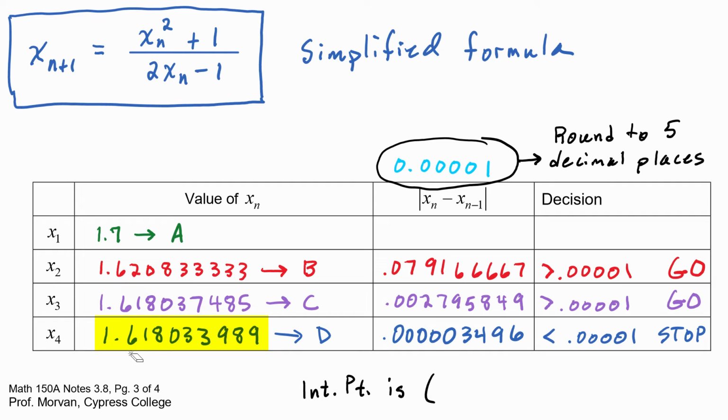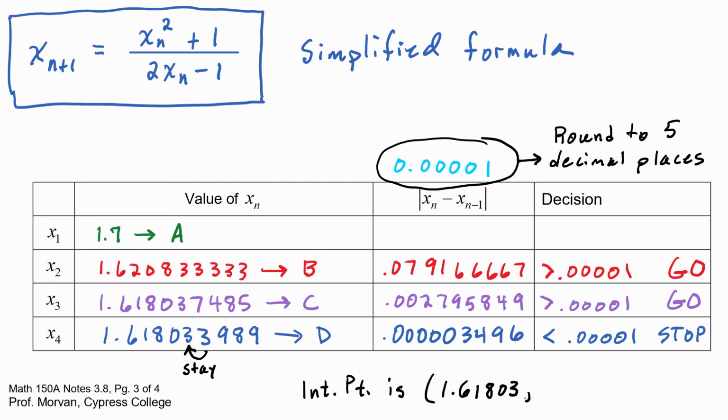So when we look at our x value here, 1, 2, 3, 4, 5 decimal places, we use the 6th place, and because it's only a 3, it tells the 5th place to stay put. So the x value is going to be 1.61803, and now we need to determine the y value.